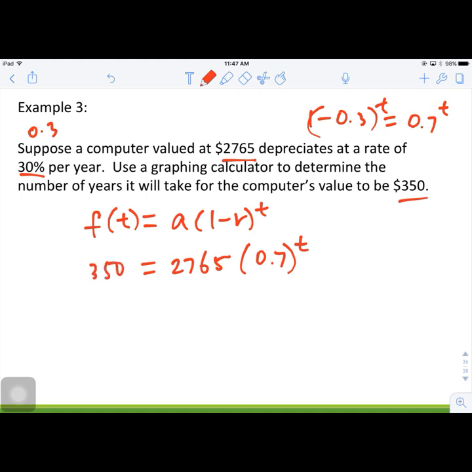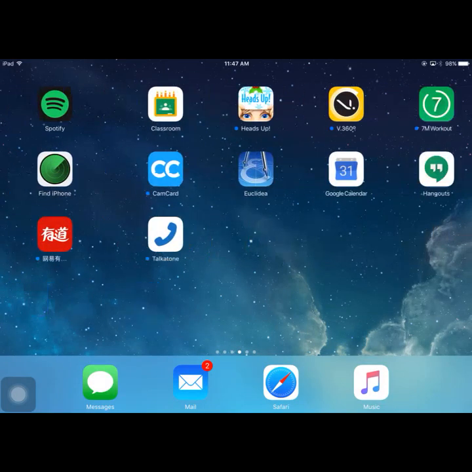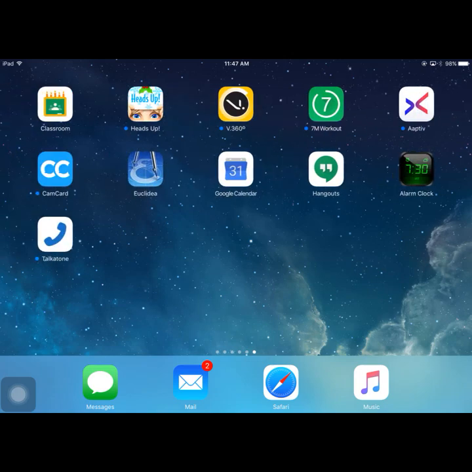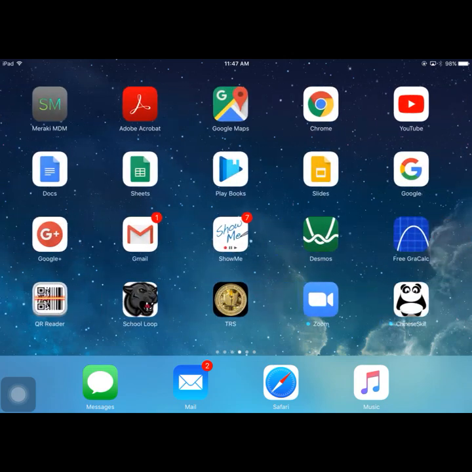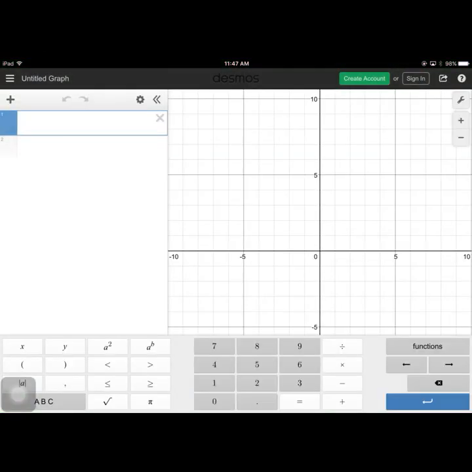So on the graphing calculator, we're going to enter the equation in Desmos. So go ahead and log into your Desmos program and make sure you're following along when you're doing this. And the first equation we have is, we're going to just enter the left hand side.